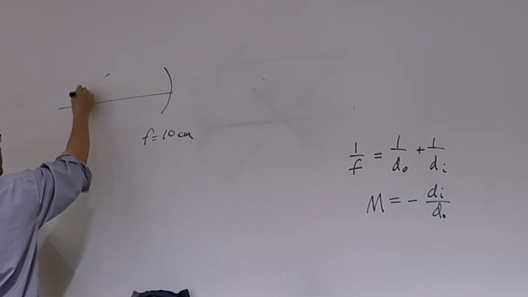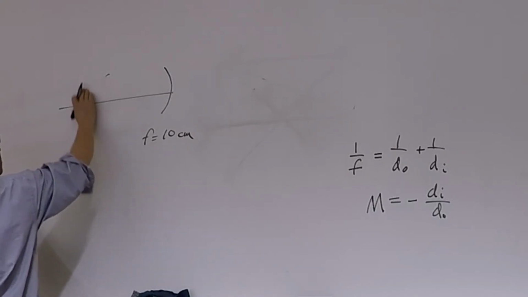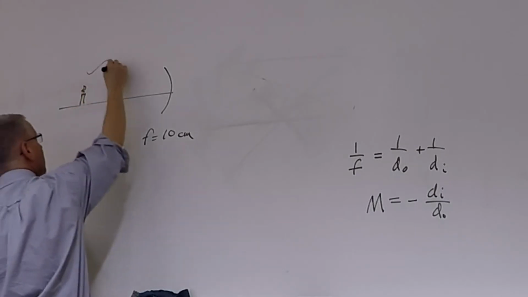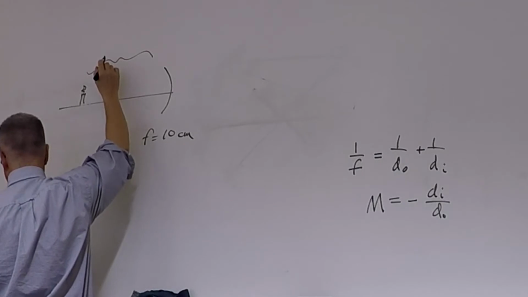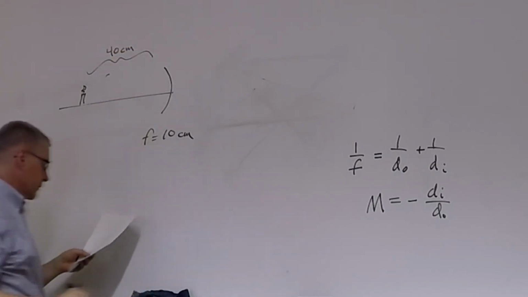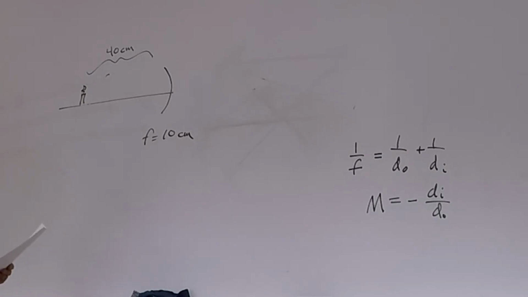And let's put an object out here. Let's make it 40 centimeters from the mirror. And with that, let's see, can we describe the image formed by that mirror by doing some calculations?